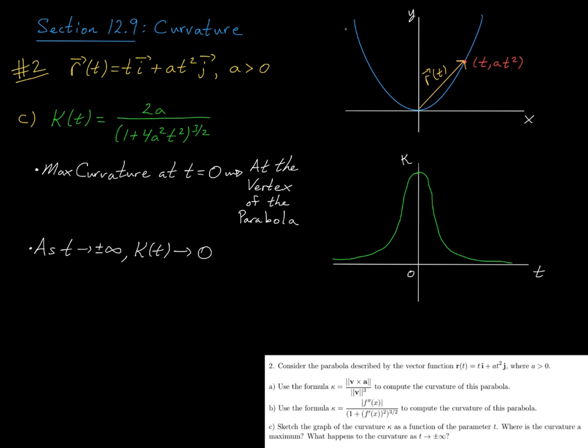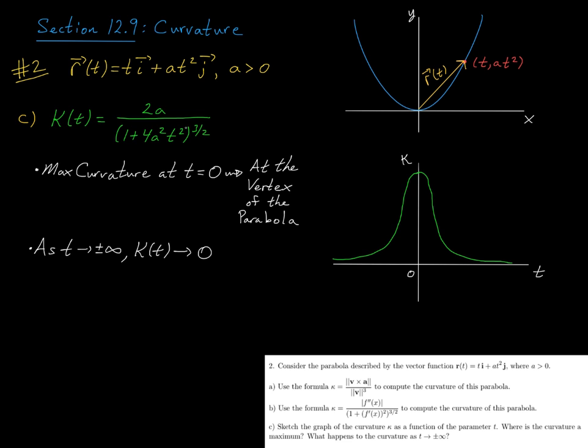First thing to note, by the symmetry of the parabola relative to the y-axis, our curvature function in turn should also be symmetric. If you graph this function, you can see that this is an even function of the parameter t.